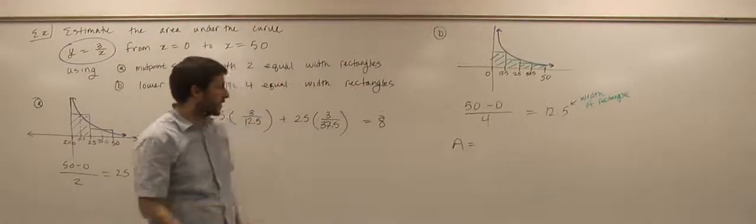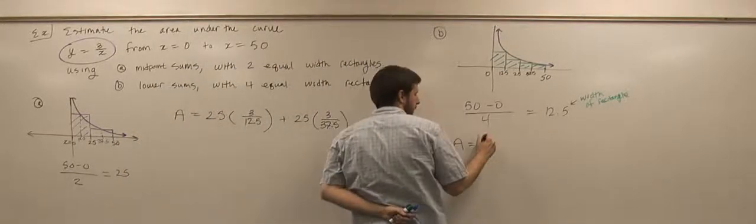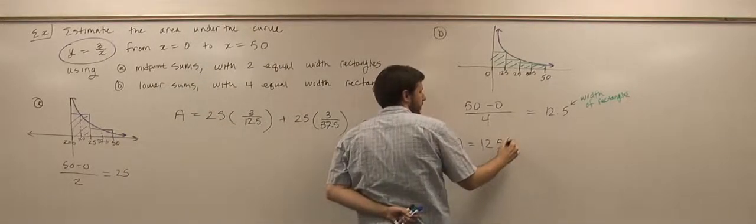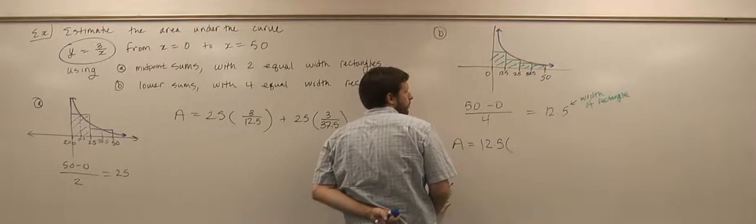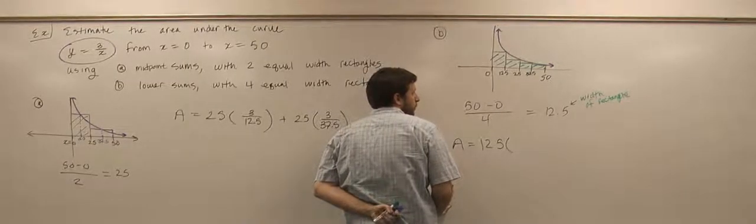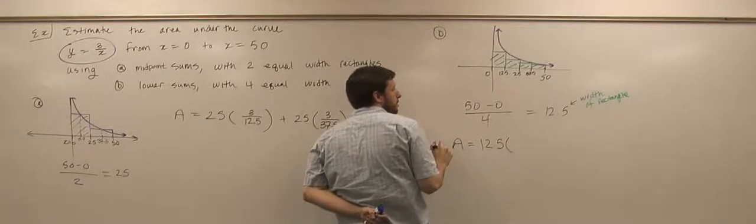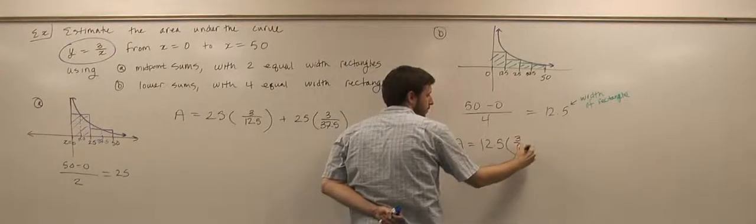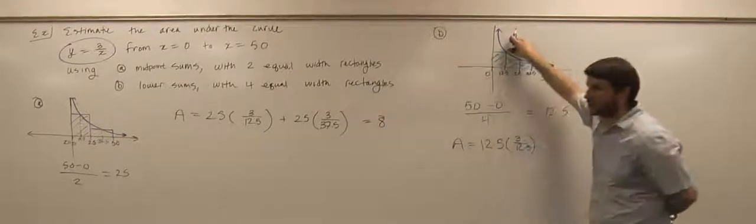So what do you think? What am I going to do here? What's my width for each rectangle? 12.5. And for the first rectangle, what's my height? How high is this first rectangle? Plug it in. 3 over 12.5, right? You always have to plug into the function to get the height.